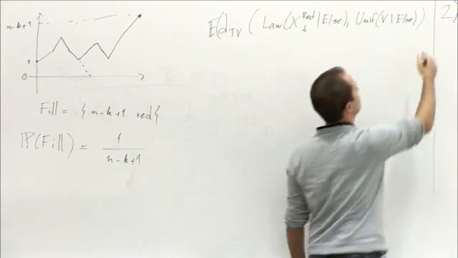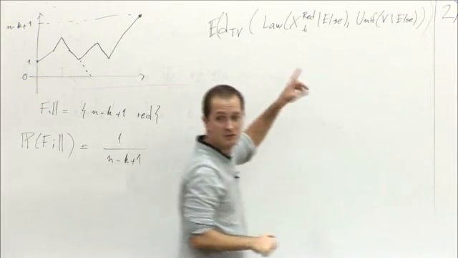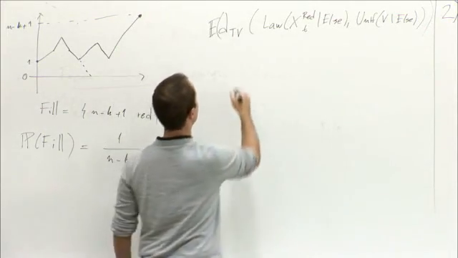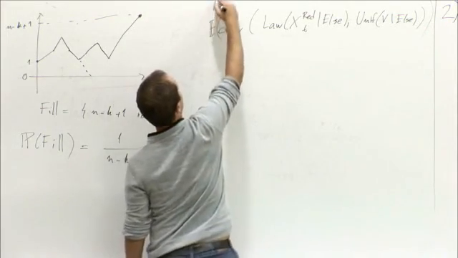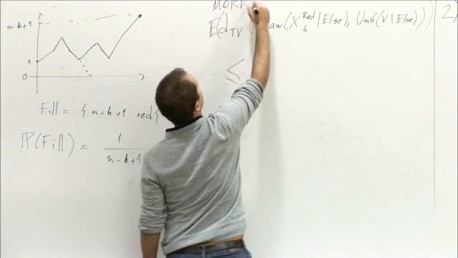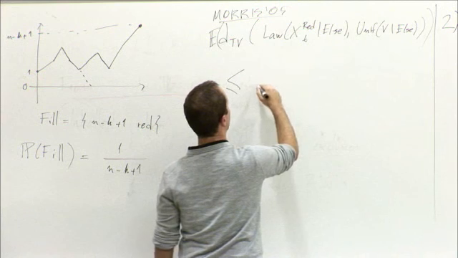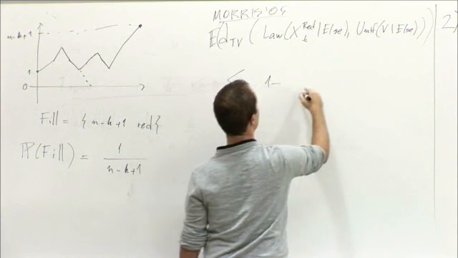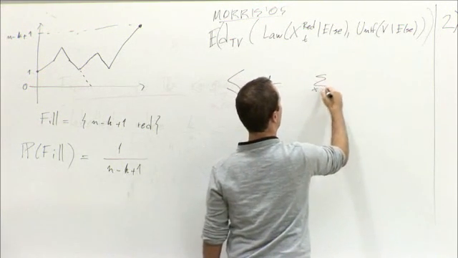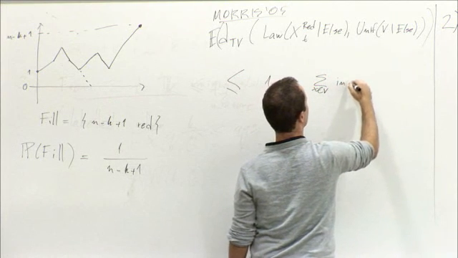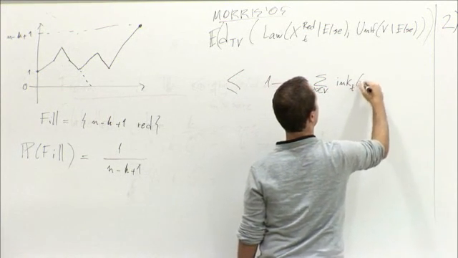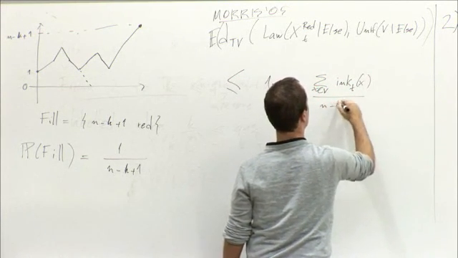You're taking the conditional total variation distance. You have to take an expectation. So what Morris showed is that this thing here is less than 1 minus the total amount of ink in your system divided by n minus k plus 1.